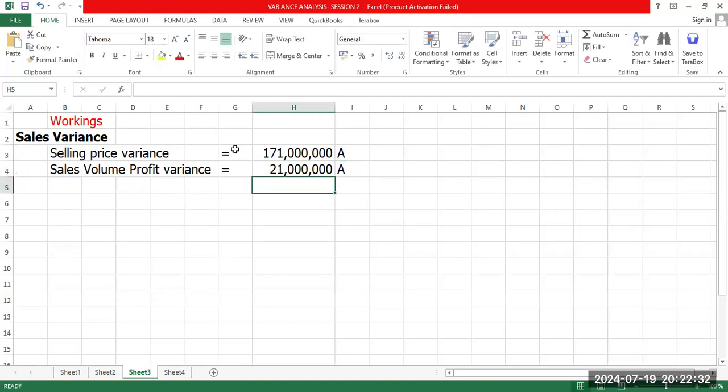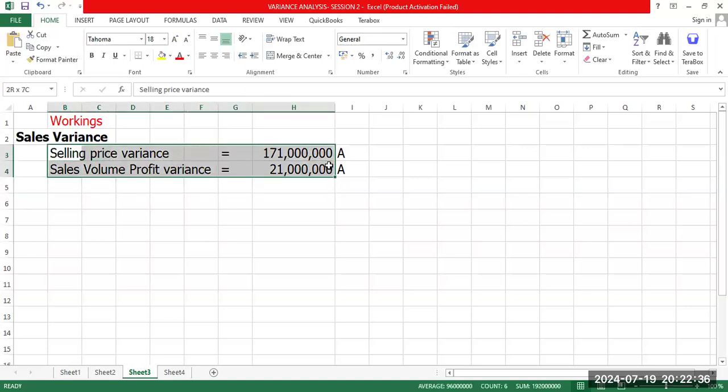So just see, if we were not given these variances, we could look for them.